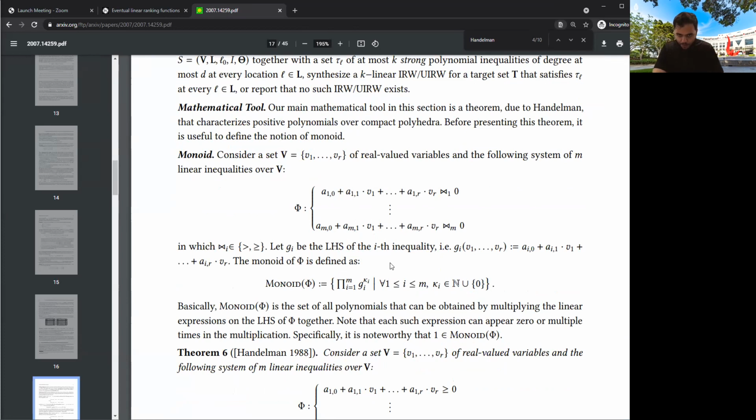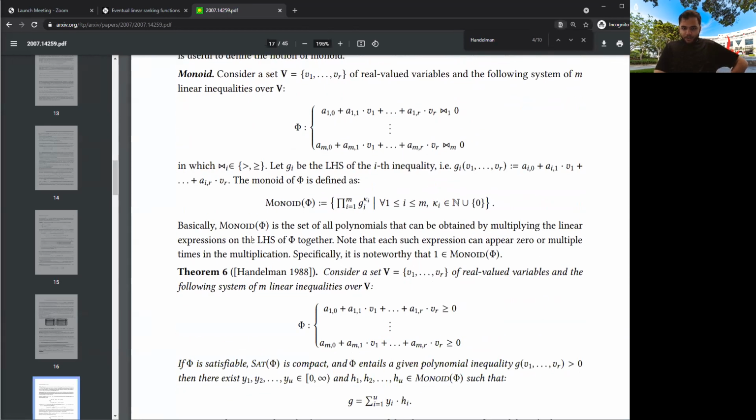Okay. So first of all, we define the notion of monoid. So the monoid of a set of linear inequalities is basically any polynomial that can be obtained by multiplying the left-hand side of some of these inequalities. Right?